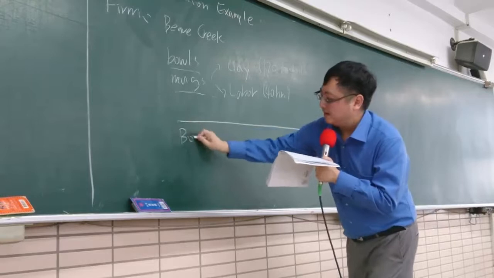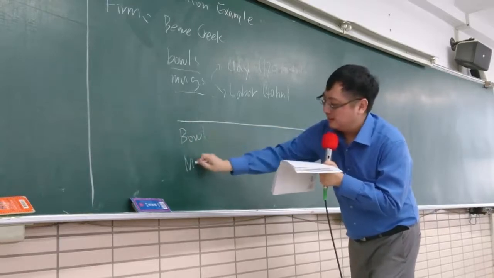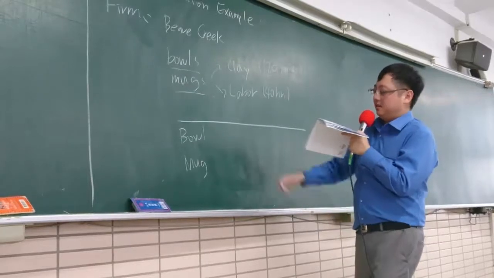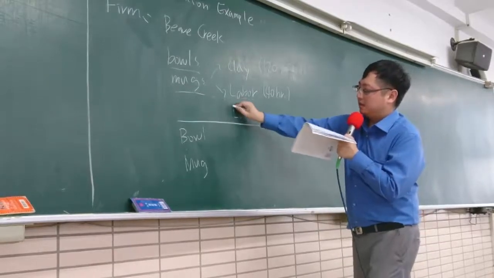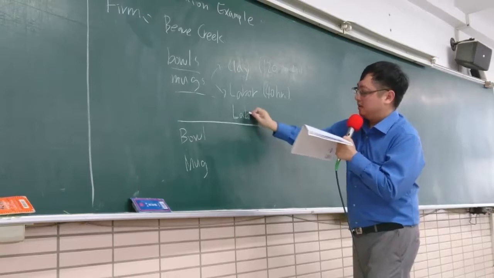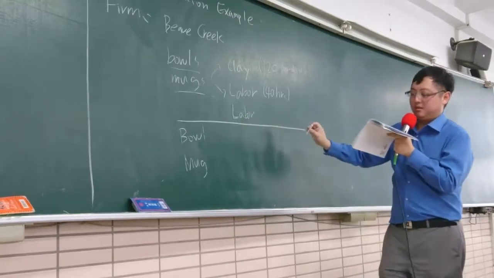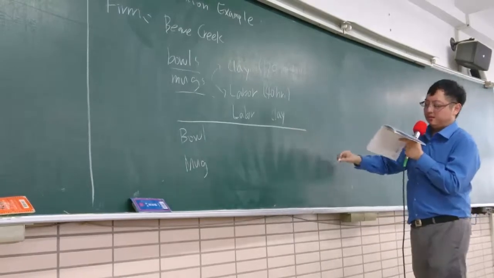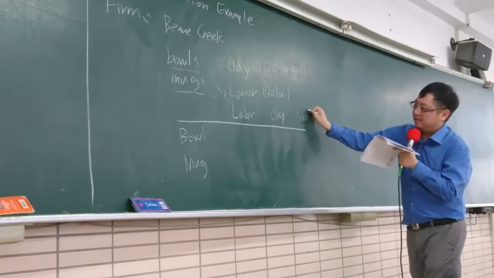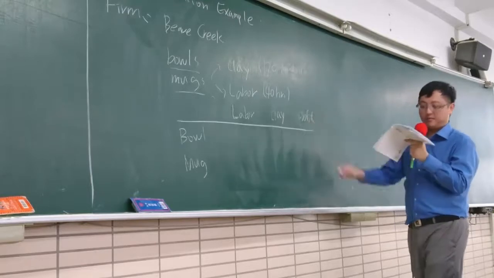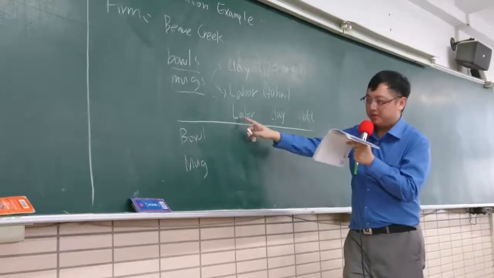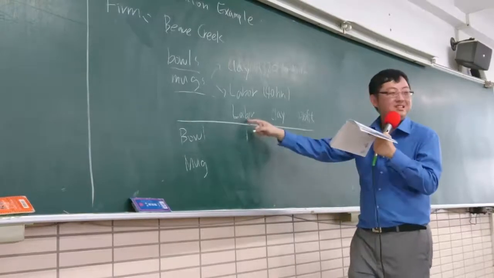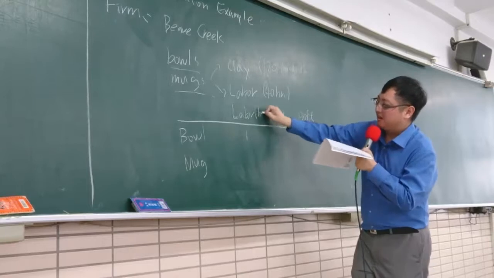We have Bowl, and we have Mug. The resource labor, clay, and we also have profit. And 1 unit of bowl will cost 1 hour labor. This hour.